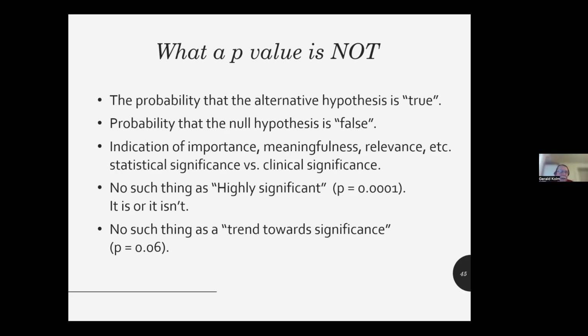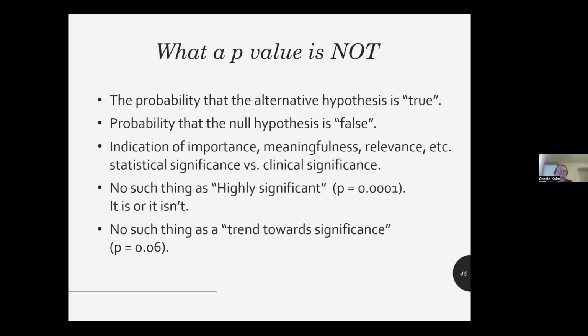Sometimes if you get a p-value of 0.06 or something like that, they'll say there's a trend towards significance. Again, the way that significance is meant to be used is as a decision to reject the null hypothesis, or to fail to reject the null hypothesis.